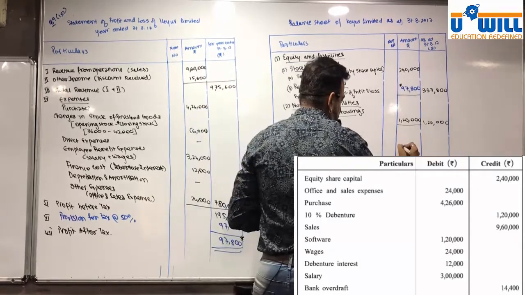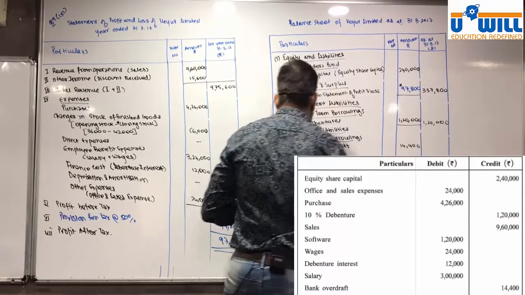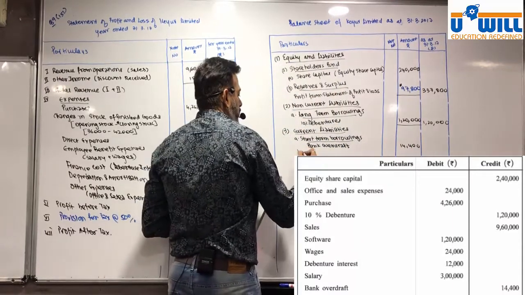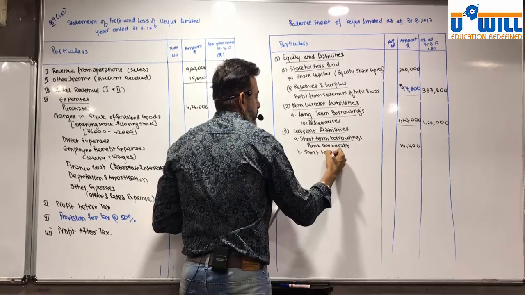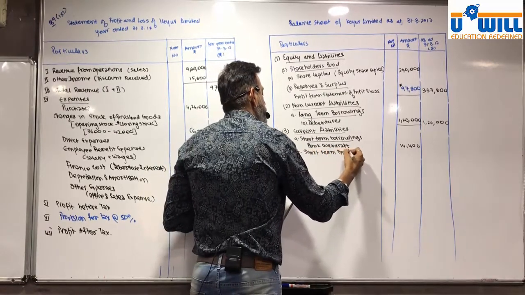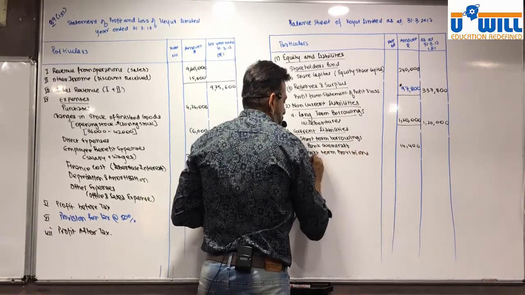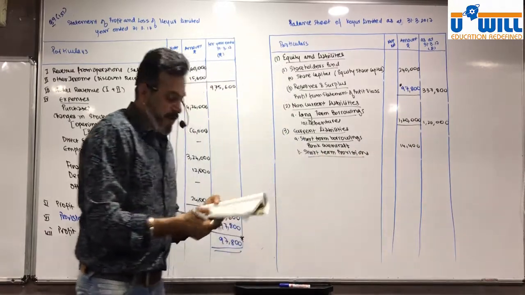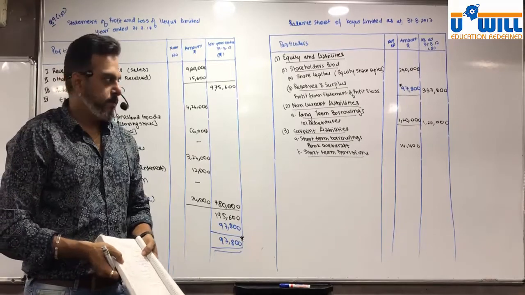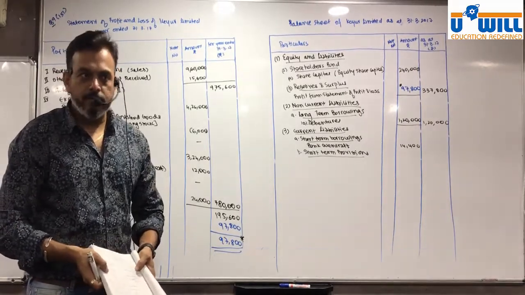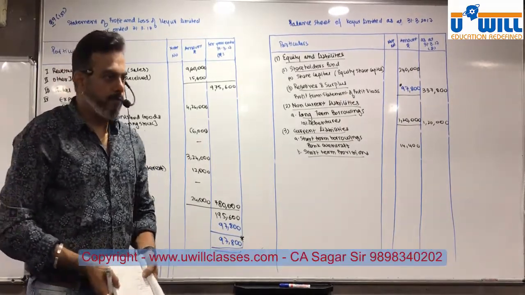Amount is 14,400. We also have short-term provisions. Creditors are not there, trade payables are not there, other is not there, so directly short-term provisions.